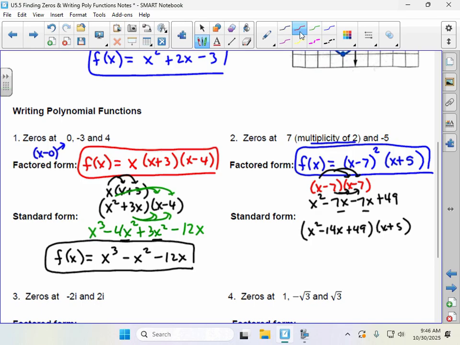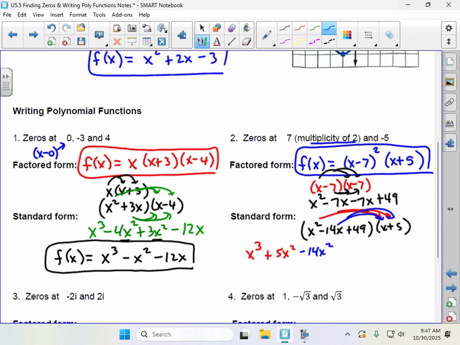Okay, so here I take the x squared and I will distribute over first. X squared times x is x cubed. And then plus 5x squared. Okay, and I'll take the negative 14x and distribute that over. So that's minus 14x squared.